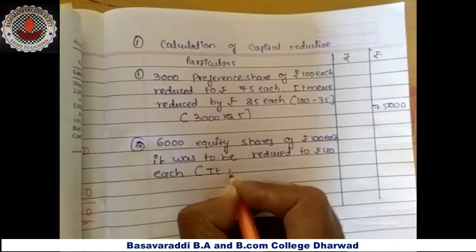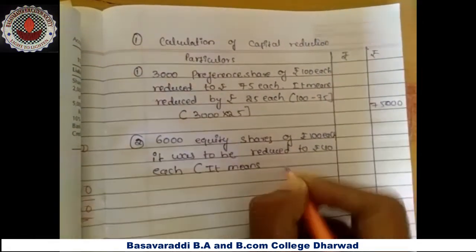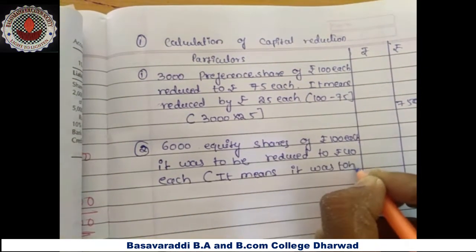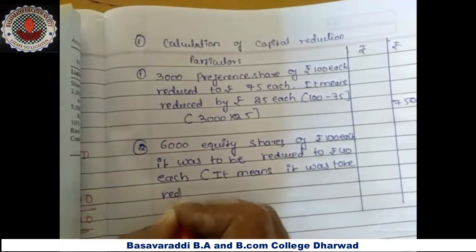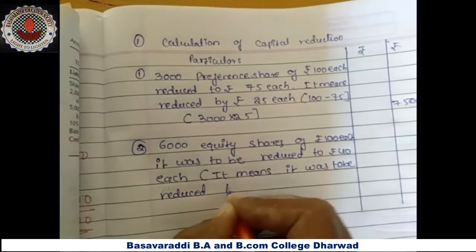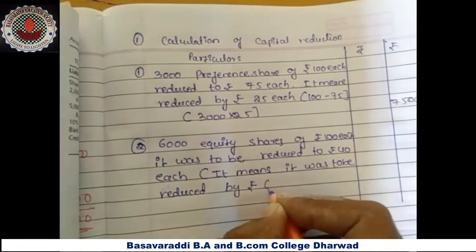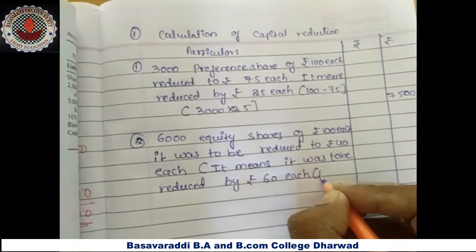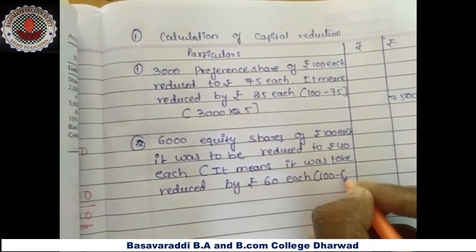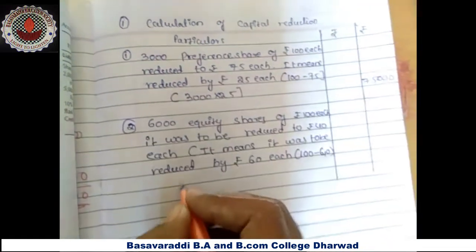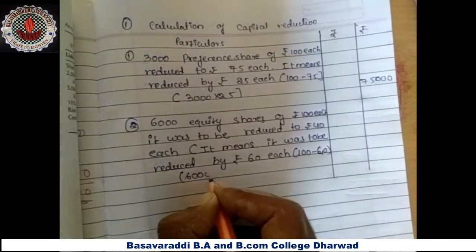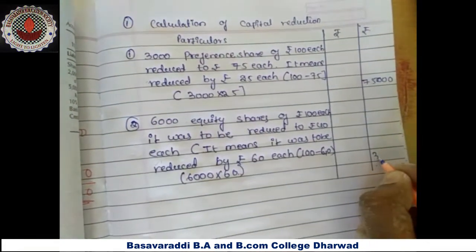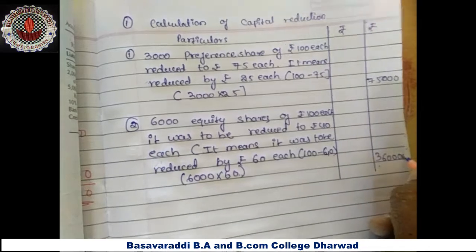It means it was to be reduced by rupees 60 each, or 60 per share. 100 minus 40 is equal to 60. 6,000 into 60 is equal to 3,60,000.